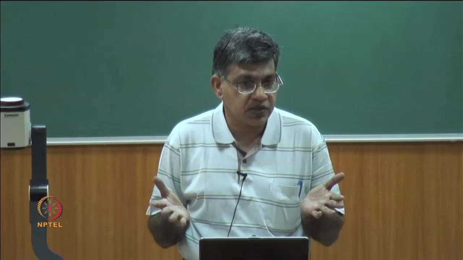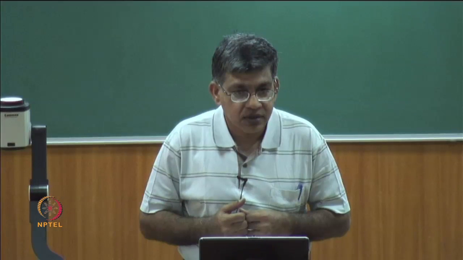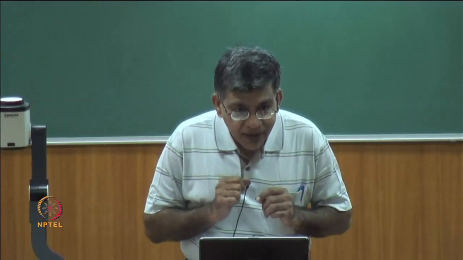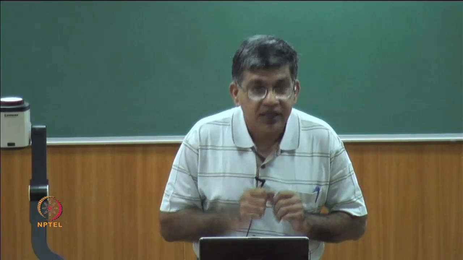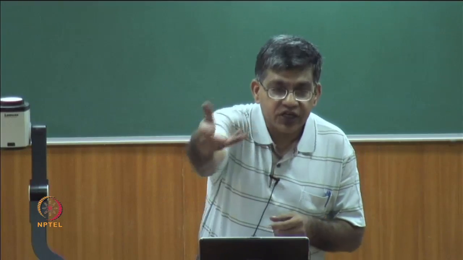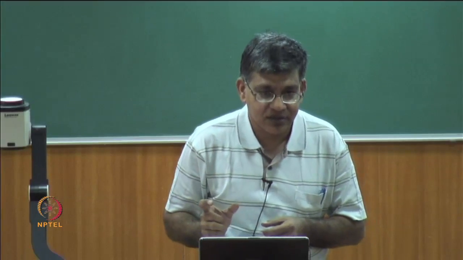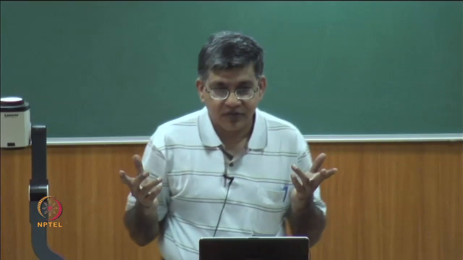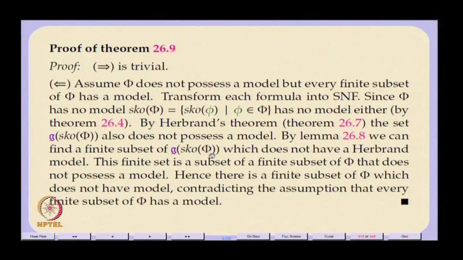That is how you can get a finite subset. You cannot get a finite subset otherwise. And if that finite subset does not have a model, then you lift it back to phi, there is a finite subset of phi which does not have a model, right. So that's what happens here.